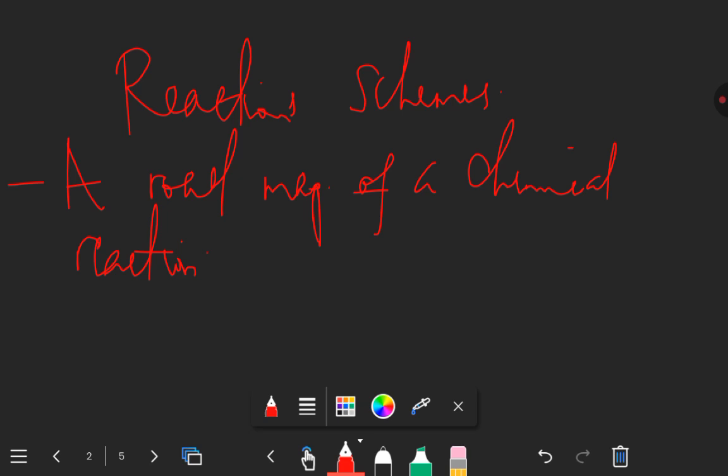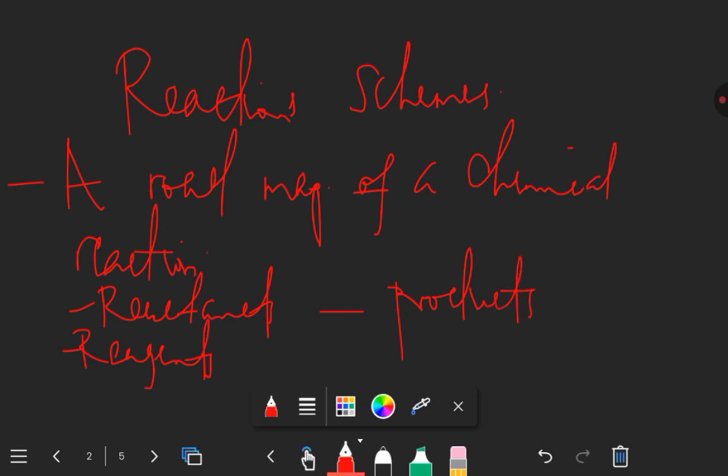And mostly what we focus on is what to use in a chemical reaction, the reagents, and also the product. So we are focusing on the reactants to use. After the reactant, we focus on the reagents to use. Apart from reagents, we focus on the products. But before we even look at the product, we must focus on the conditions.